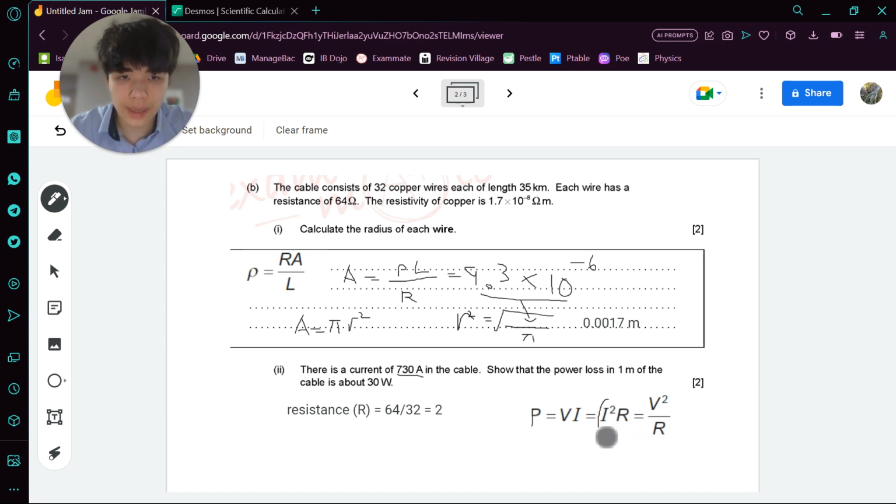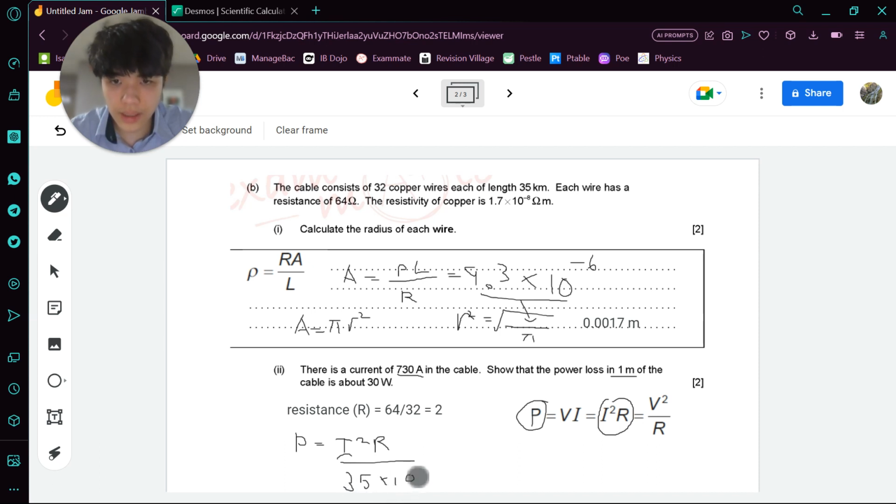So thereby we can use this formula where power is equal to I squared R. And since it is in 1 meter, we just divide it by the length, which is 35 kilometers, so 35 times 10 to the power of 3.